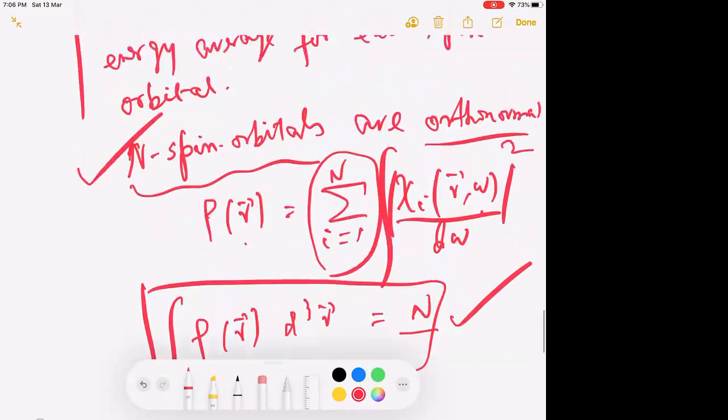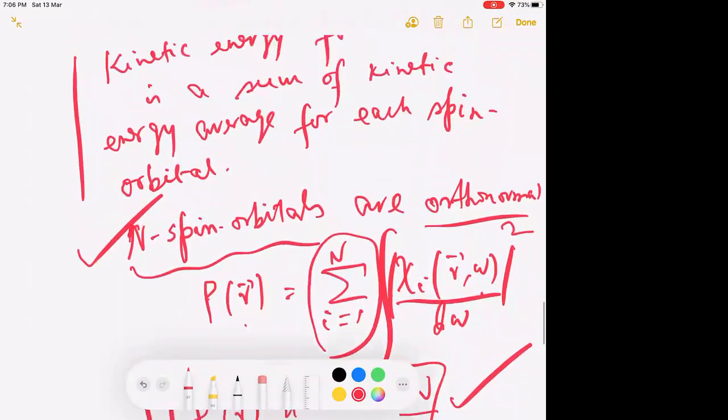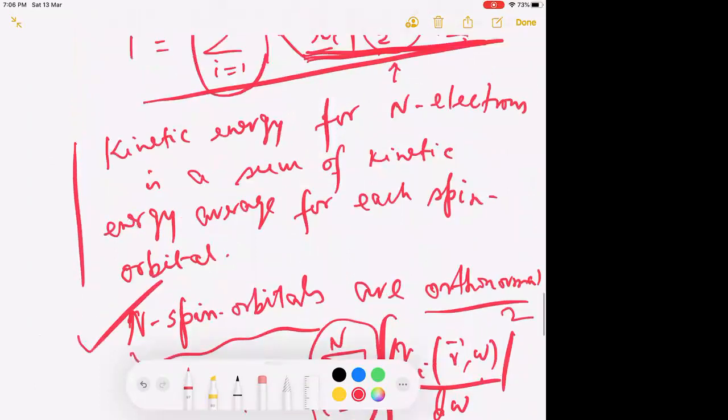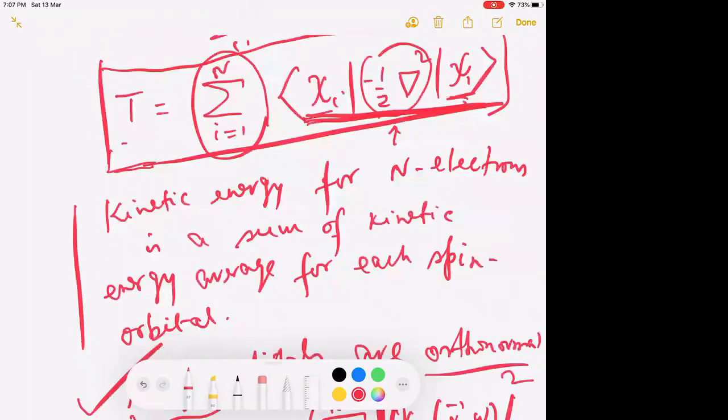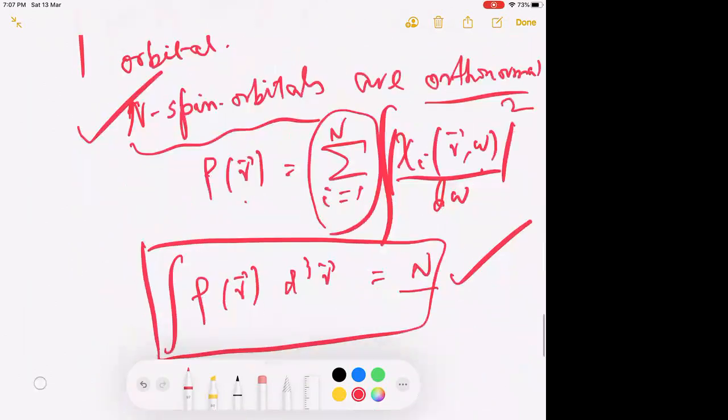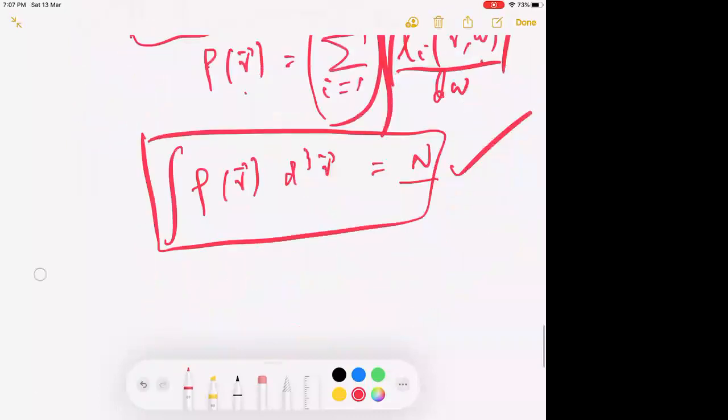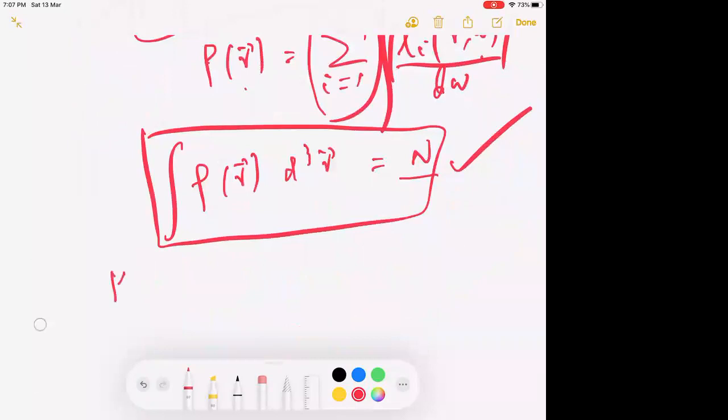With this, and the fact that the kinetic energy can be written in this manner, now we come back to the business. However, we already know that the fact that the kinetic energy is a sum of just the average kinetic energy for each spin orbital is an expression that was there in Hartree-Fock, right? In the ab initio method, but the Hartree-Fock itself is not exact. So obviously, this formulation of Kohn-Sham's kinetic energy is also not exact.